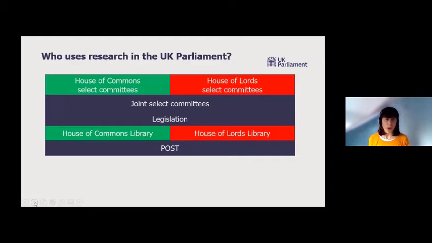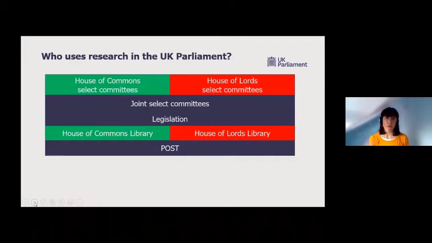Parts of the legislative process use research. The House of Commons Library and the House of Lords Library, and POST, which is the Parliamentary Office of Science and Technology. So you'll have obviously spotted that some things are in green, meaning it's a House of Commons service. Some things are in red, meaning it's a House of Lords service. And then there are some purple boxes there as well. And those services are bicameral. That means that they work for and support both houses of Parliament.